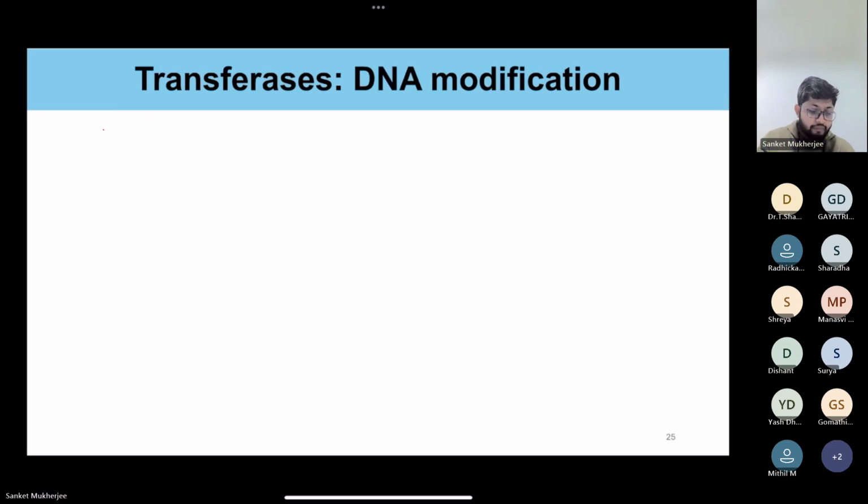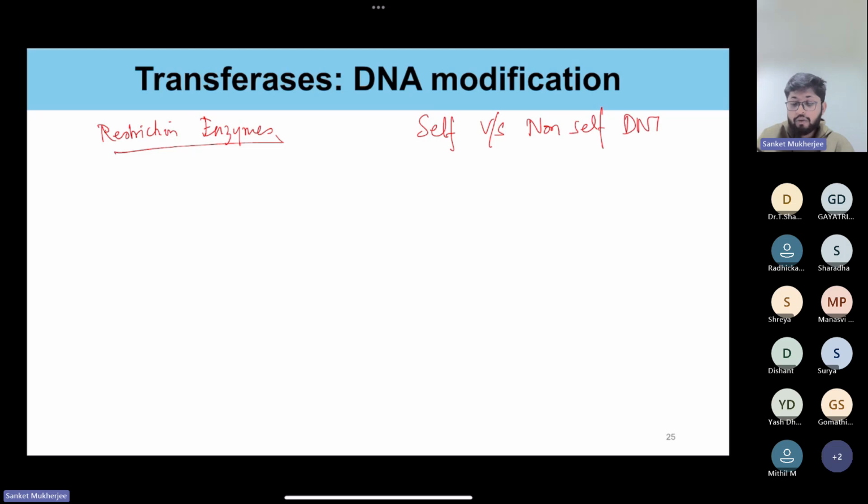There is DNA modification. So what happens? Very important are the restriction enzymes, which are used in molecular biology routinely. The idea behind restriction enzymes, and why they are present in a cellular system, is to differentiate between self and non-self. How does that happen? I'll explain that to you.